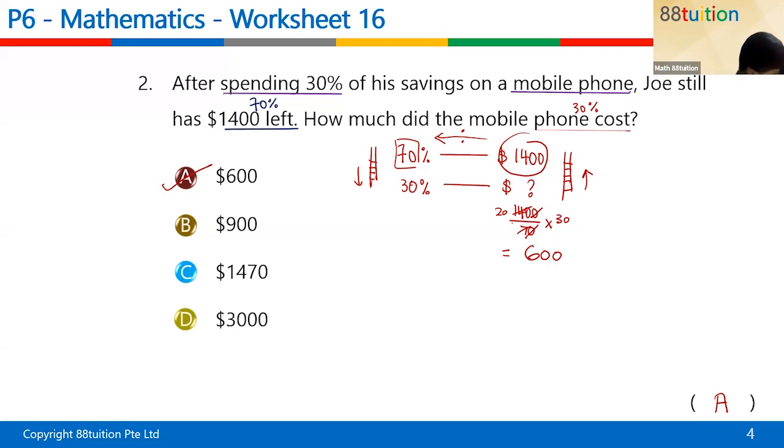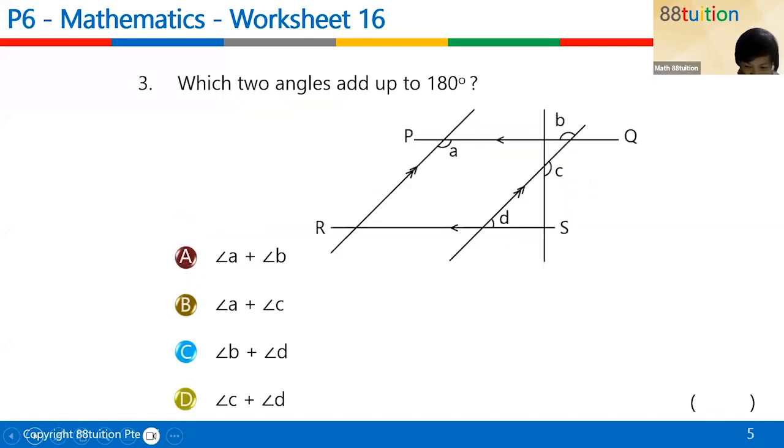Next question. There are 2 angles that add up to 180. Let's check. Answer A and B, not possible.